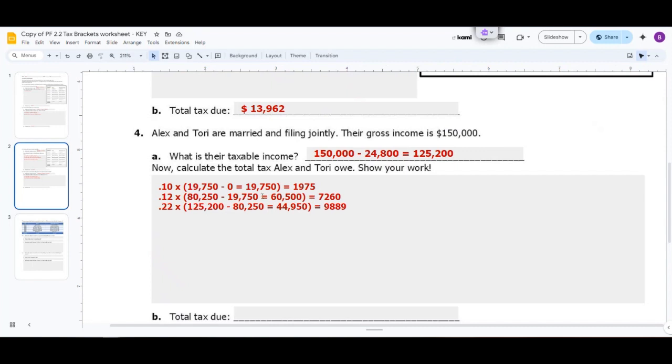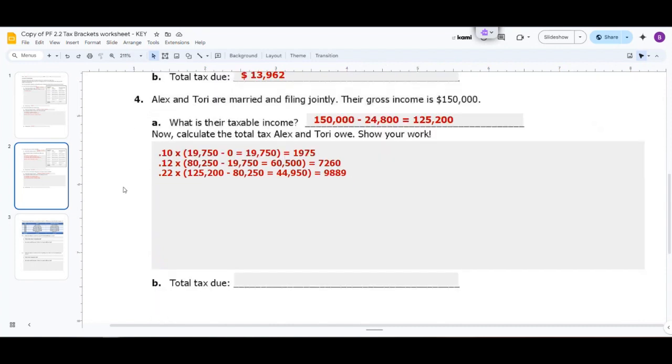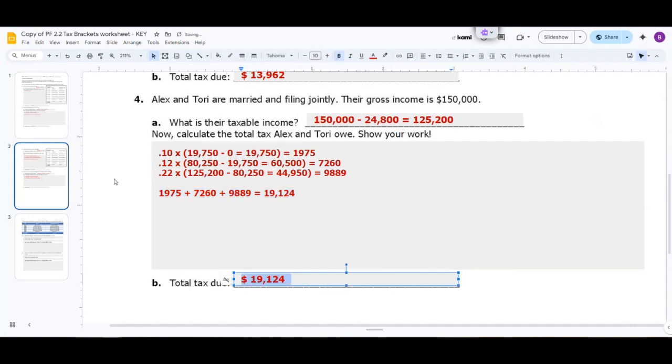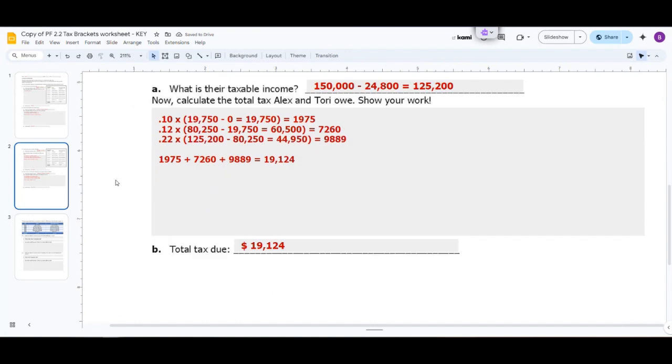So you subtract that out, and that range becomes $60,500. 12% of that is $7,260. The remaining dollars are taxed at 22%. So they max out at 125,200 minus the 80,250 that were in the previous brackets. Means that 44,950 fall into that third range. 22% of that is 9,889. We add that up together, and they owe 19,124.